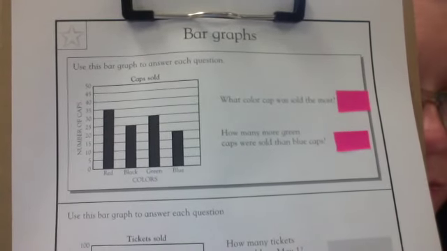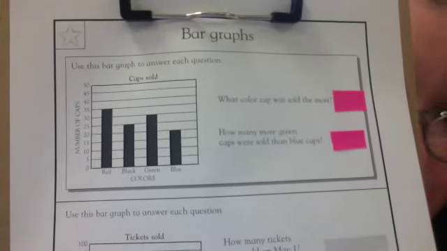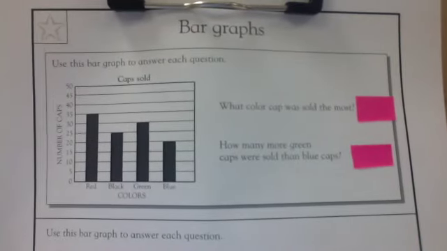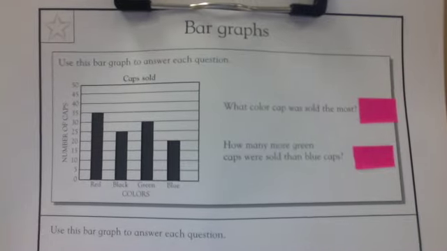So yes, of course, red is the answer, because not only is the bar higher, but we can see 35 is the highest number on there that has caps sold. So red is our answer. So that's what I'm going to write right on that pink box. Red. There we go.